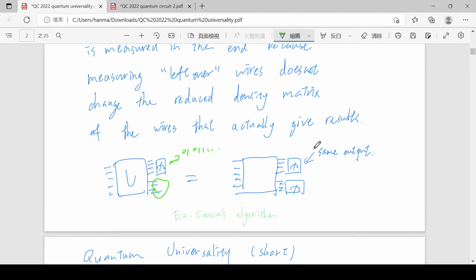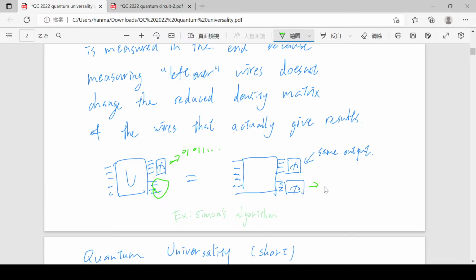But as we already saw in Simon's algorithm, this actually makes the analysis of your algorithm easier, because you can say, well, I can measure it, and you get some measurement result, and you can post-select on the measurement result.